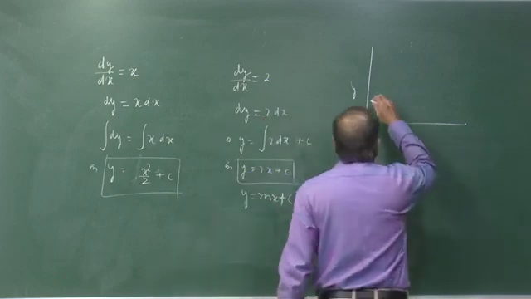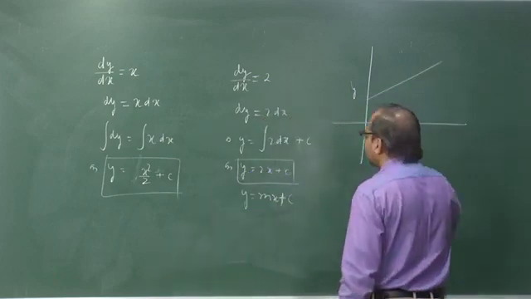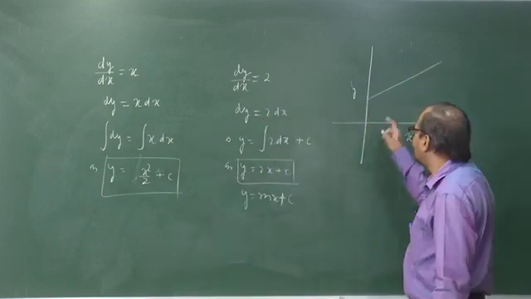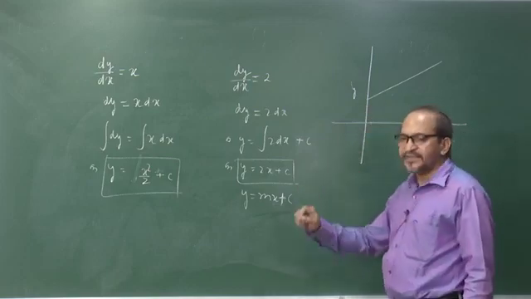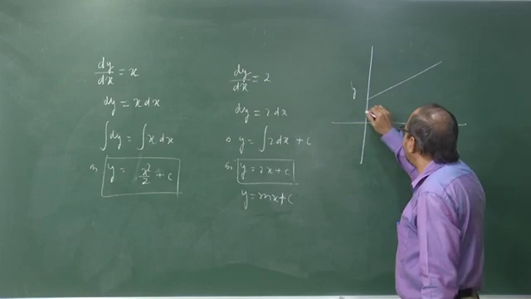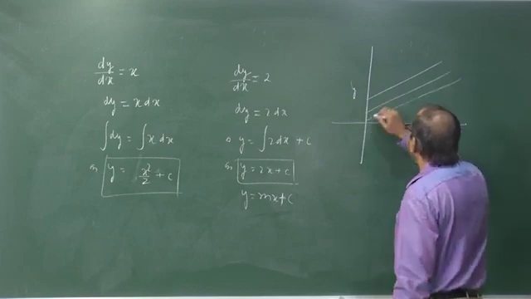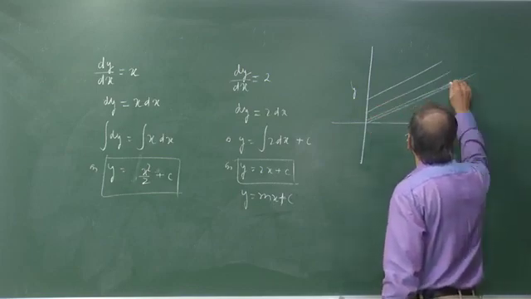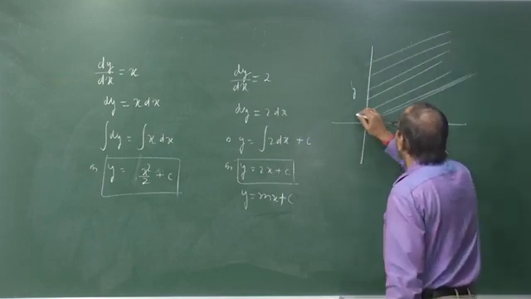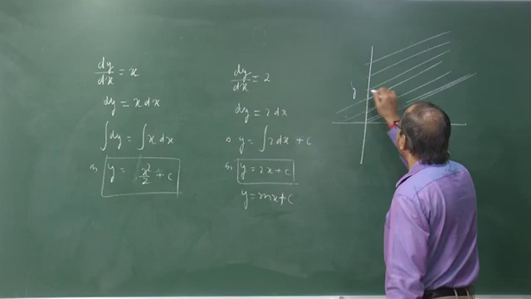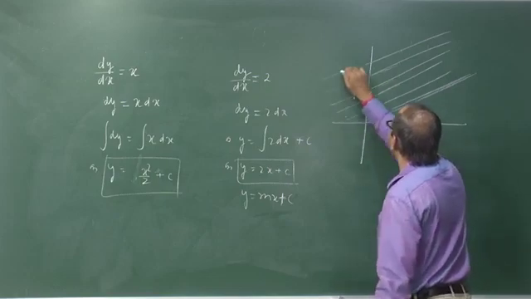This is a straight line whose slope is 2 and the y intercept is c, and since c is arbitrary, for different values of c I can have different lines. If c is equal to 0, then the graph starts from the origin. So, I can have solutions like this, an infinite number of solutions.